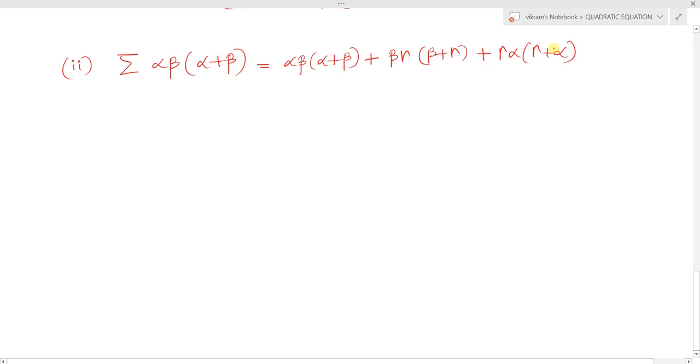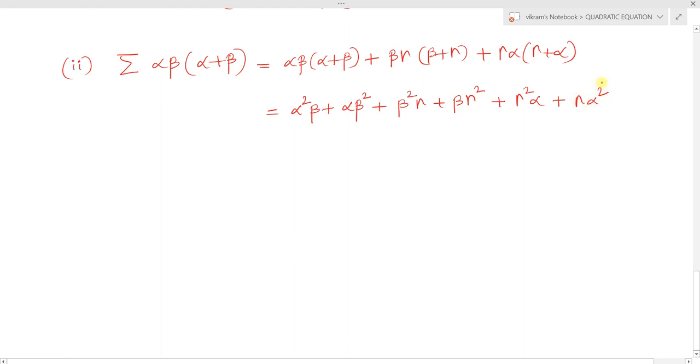Now we can write this as alpha square beta plus alpha beta square plus beta square gamma plus beta gamma square plus gamma square alpha plus gamma alpha square.